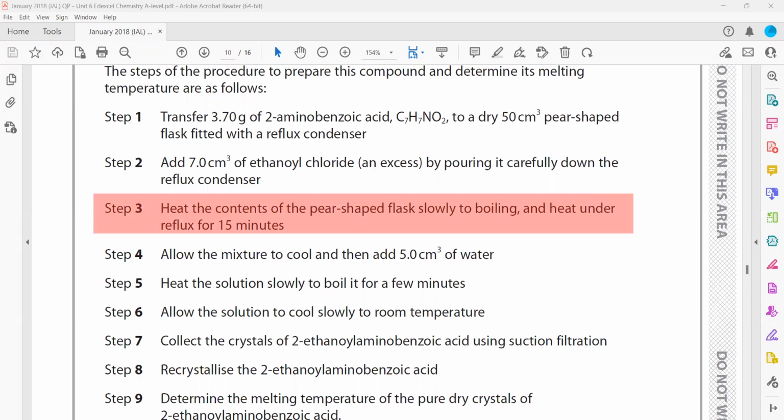So what is the main purpose of heating contents in a reflux condenser? Because as a liquid boils or vaporizes and is cooled by the condenser, it returns back to the same flask again. So we can heat for a longer period of time.